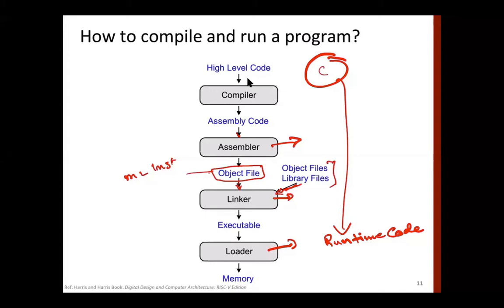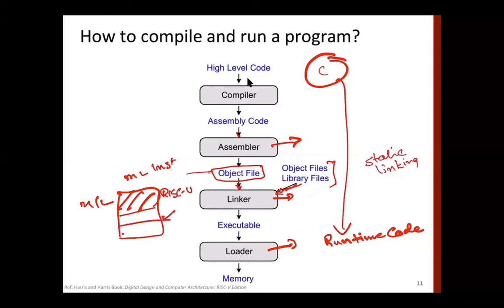Now we are talking here about static linking. You will study in your compiler course something called dynamic linking, which we are not talking about right now. Suppose this is your program in machine language, say RISC-V, and these are all libraries that are added to that.